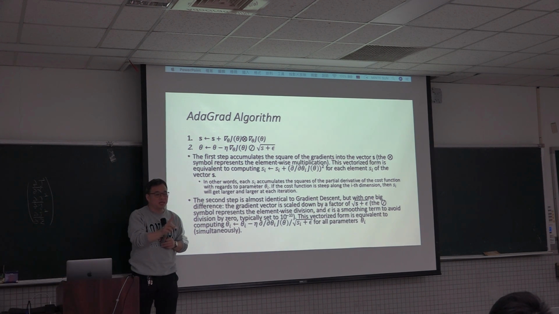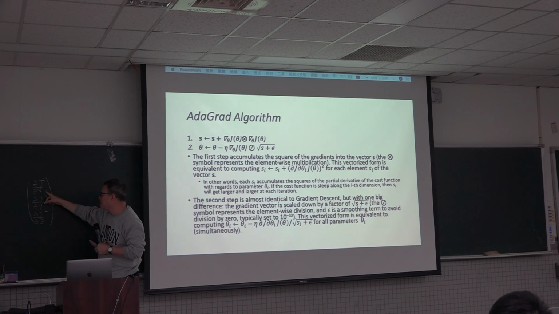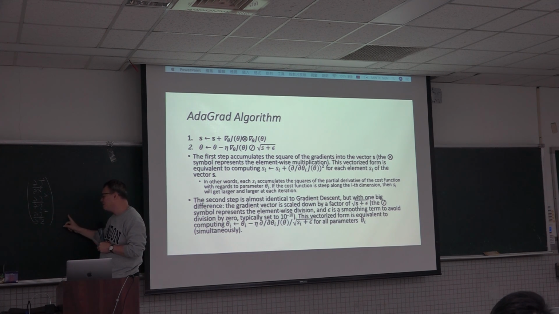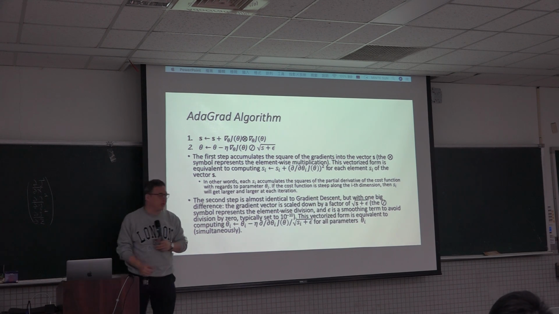Still a vector. So it's the first component multiplied by itself, the result here, the second component multiplied by itself, the result here, and the third component, the result here. This is what we call element-wise multiplication.